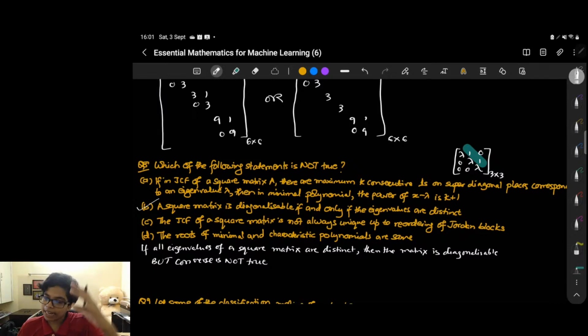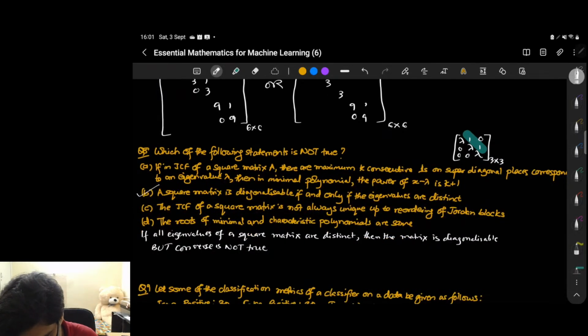So distinct eigenvalues would always give you linearly independent eigenvectors, but even non-distinct eigenvalues can also give you linearly independent eigenvectors.